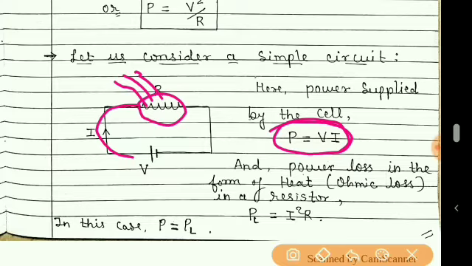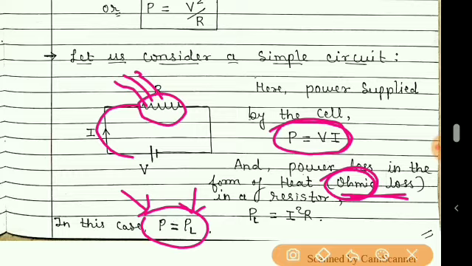And so we can write that P is equal to PL, means power supplied is equal to power lost in the resistor. This power loss is called ohmic loss. Why is it called ohmic loss? Because it is lost in the resistor, and so it is called ohmic loss, and it is in the form of heat energy.